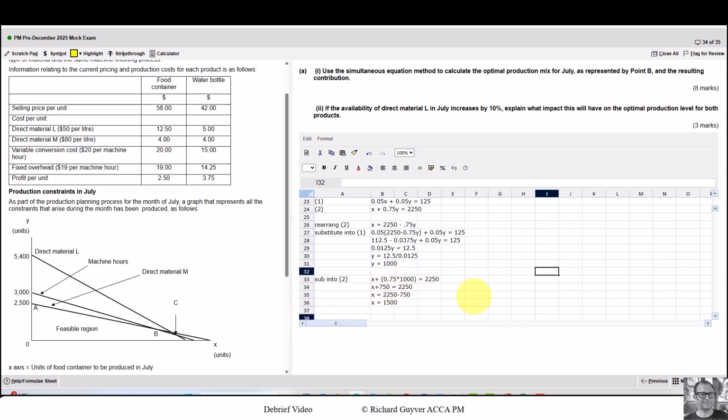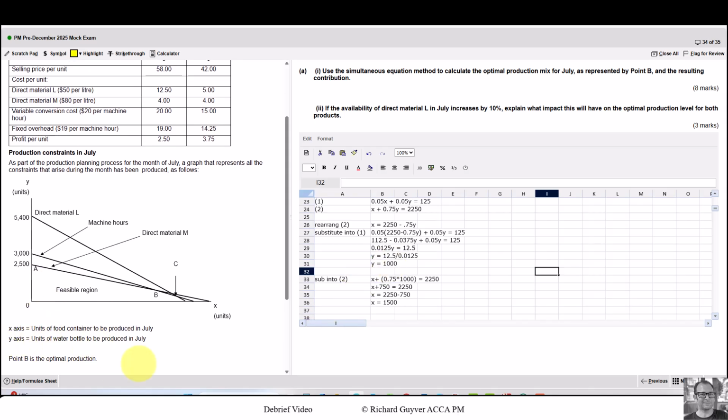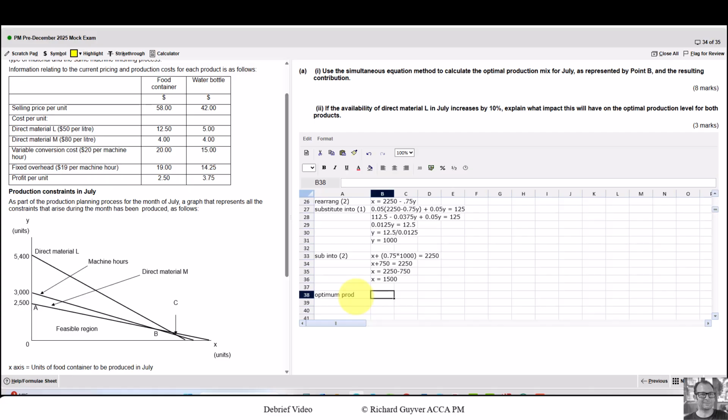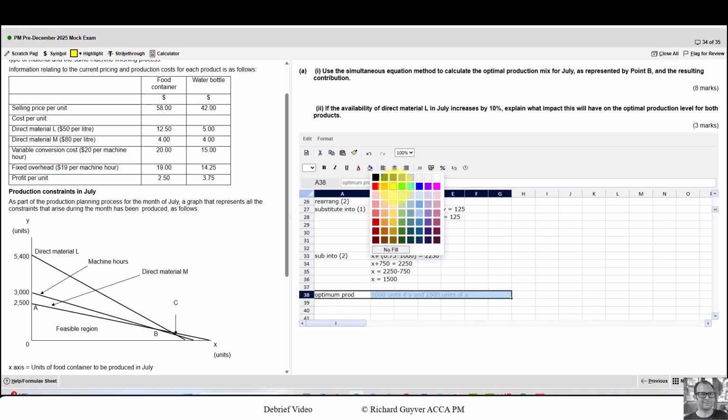So at point B, the value of x is 1500, i.e. 1500 units of the food container, and y is 1000, that's 1000 units of the water bottle. That's the optimum production. We're asked, this is 8 marks, to calculate the optimum production. So the optimum production is 1000 units of y and 1500 units of x. Highlight that for the examiner.